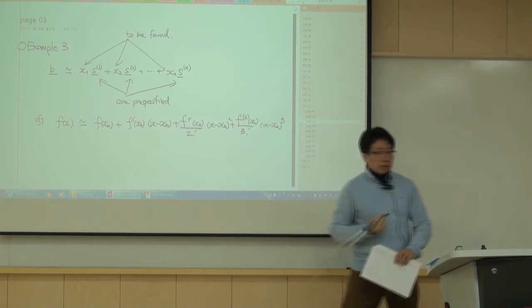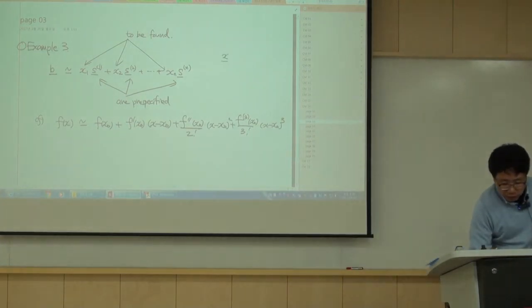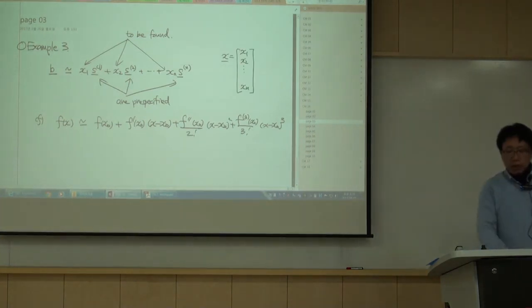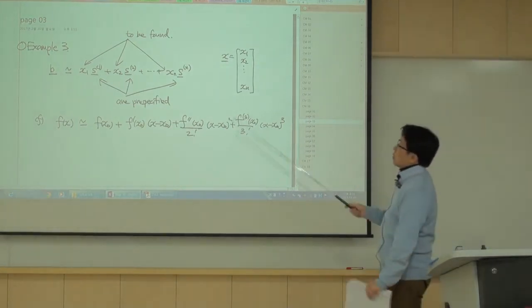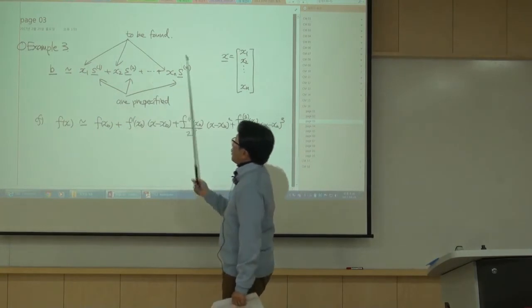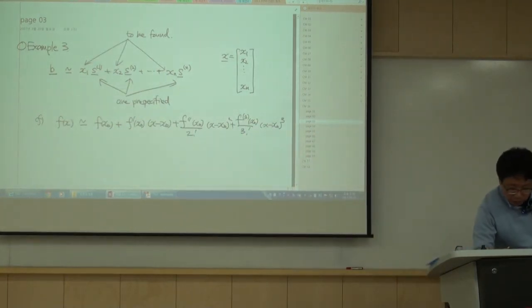Now, what is our model function? In this case, it's too simple. We put all x's into the parameter vector x. Then this right hand side is nothing but S1 to Sn.